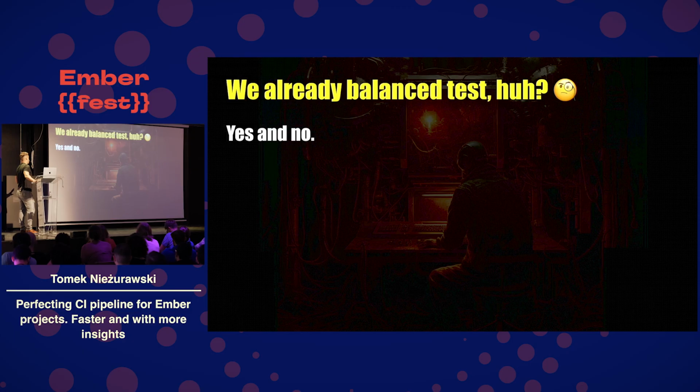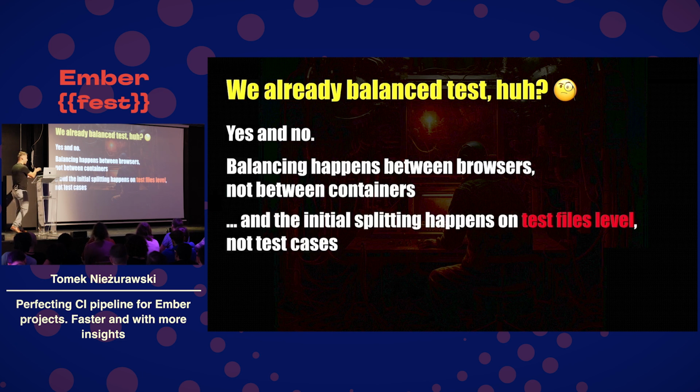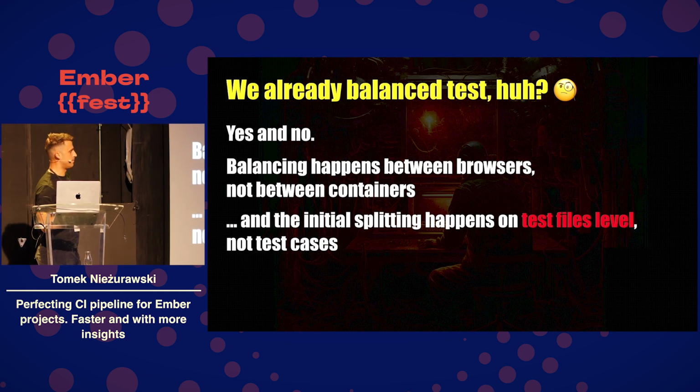And this is yes and no. Balancing happens between browsers, but not between containers. And something that I mentioned earlier, the initial splitting happens on the test file level, not test cases. And this is not unusual, because testing frameworks first have to look at the files that are responsible for tests, right? So this happens everywhere. It's not only about our Ember ecosystem.